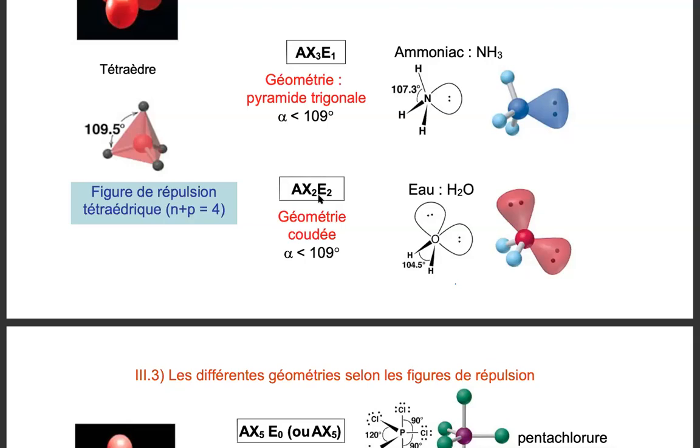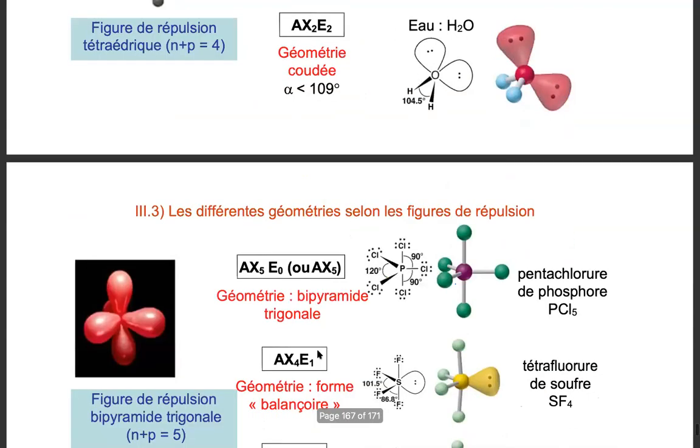Then we also have 2 other hydrogen atoms in this direction, and the central atom is oxygen. It will be 2 for the 2 adjacent hydrogens, plus the 2 that are lone pairs. It will give a 4.